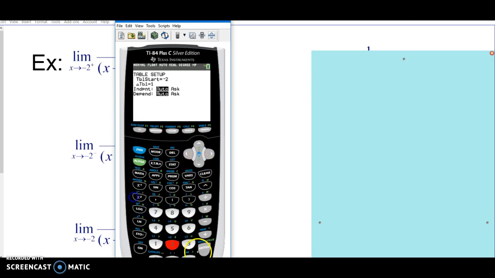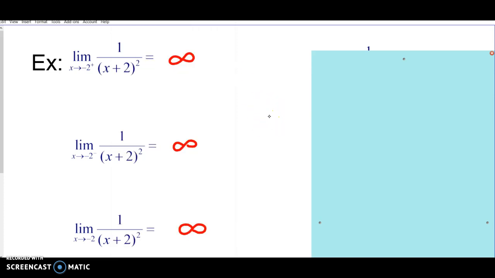Sorry, guys. Bear with me. Let's go 0.1. Okay, so you can kind of tell a little bit coming from the left-hand side, coming from the right-hand side, that these values are getting very big. And if I made that difference like 0.01 or whatever, it would be even more obvious. Okay, so table of values, I can also see that.